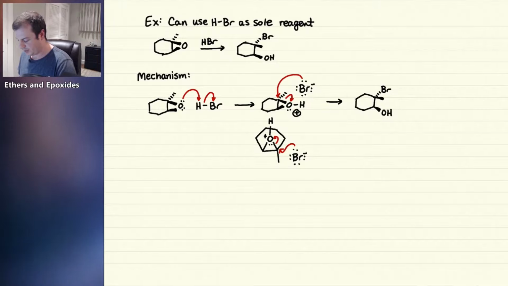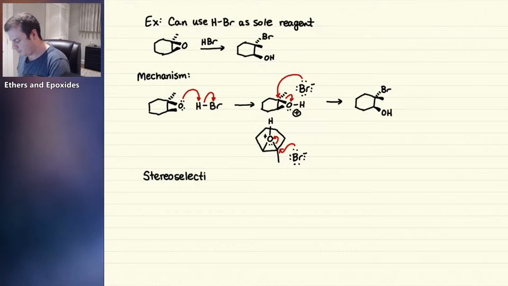So in terms of the stereoselectivity, the reaction occurs with inversion just like in the basic conditions. So inversion at the site of attack. So whether it's acidic or basic conditions, you're always going to have inversion at the site of attack.